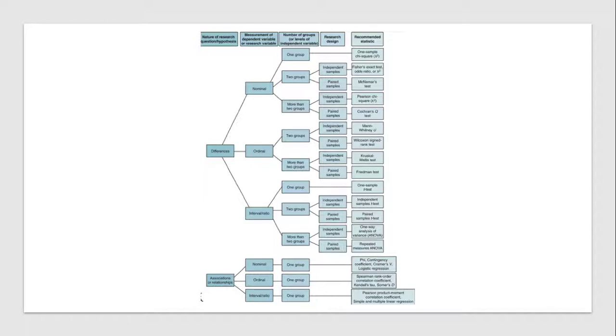Then you look at how many groups are involved, or the levels of the independent variable. Do you have 1, 2, or more than 2 groups? And then what type of research design do you have going on? Do you have independent samples? Are they paired samples? This is important to think about, because that will impact the type of statistical test that you choose. And you can see that listed on the far right side of the figure.